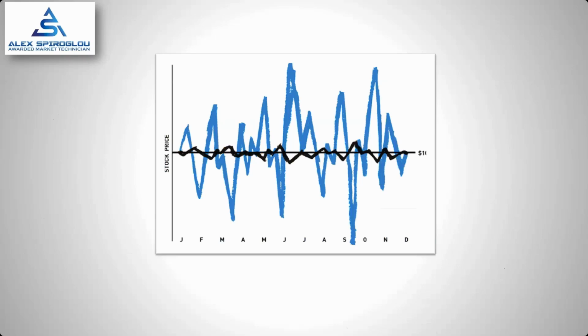So if you have, for example, 2 stocks, one depicted in blue and the other one depicted in red, and theoretically they both reach the same price, $10, but there are different paths to it. As you can see, the one has bigger oscillations than the one in black, which means it's more volatile.